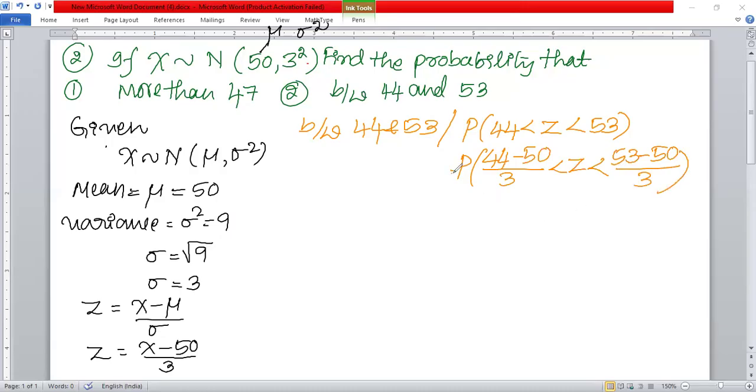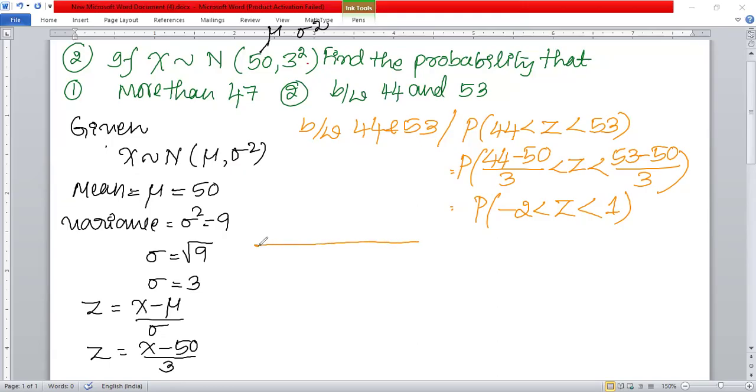So probability 44 minus 50 is minus 6 divided by 3 is minus 2. Minus 2 less than z less than 53 minus 50, 3 by 3 is 1. Yes. So we got the answer: minus 2 less than z less than 1.